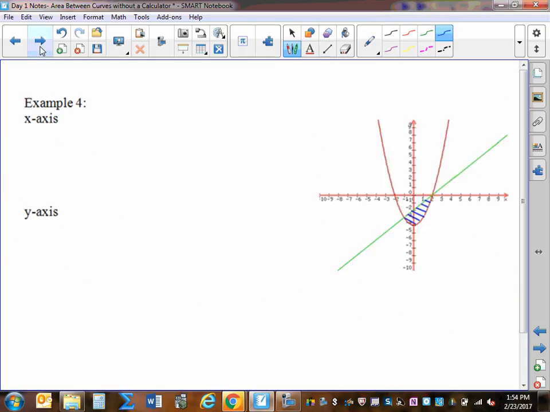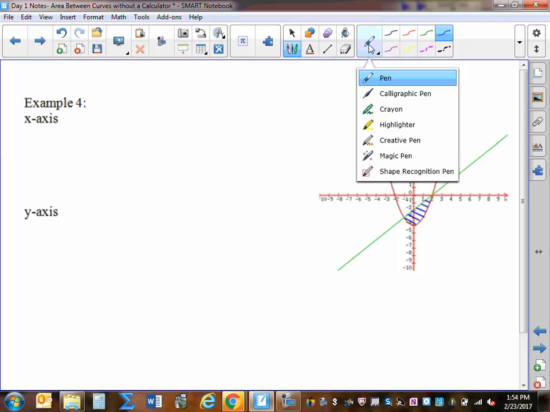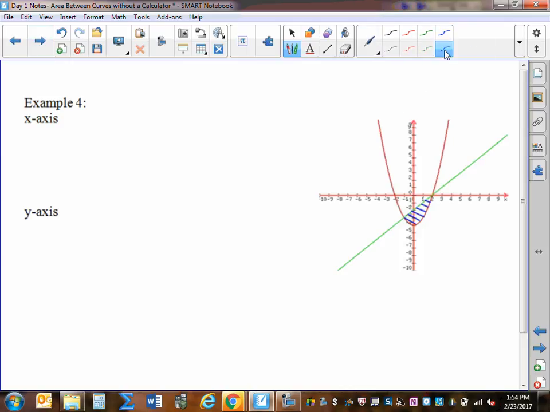All right, so again, let's go ahead and label this. I know you don't have colors, or it's not printed out in colors. So let's call this green one here f of x. And my red parabola, let's call g of x.